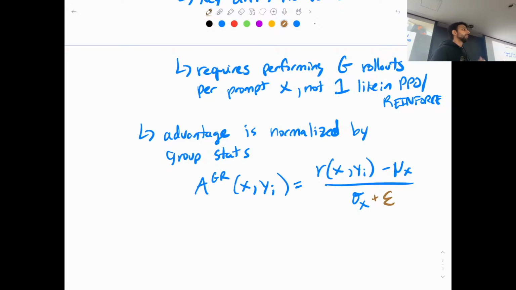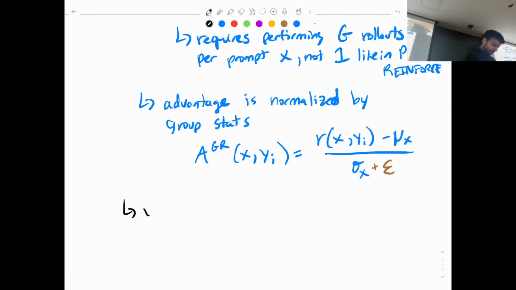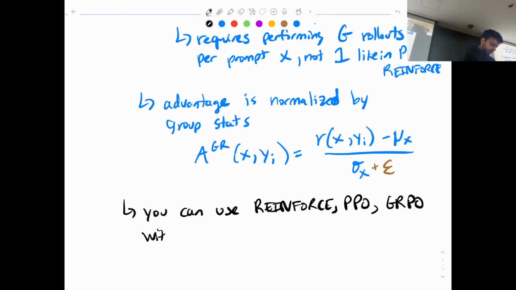Generally, it's preferred because you can free up that GPU memory for larger batches, bigger group size, things like that. One thing I want to make clear at this point is that you can use REINFORCE, PPO and GRPO with any kind of reward.